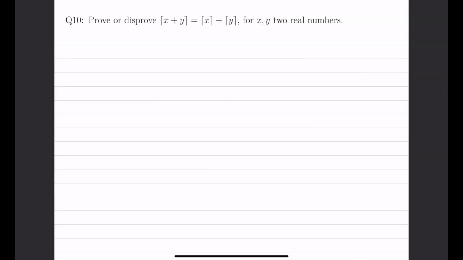Question 10 is about the ceiling function. So recall that the ceiling of x is equal to the smallest integer that is larger or equal to x. So with that said, it is very easy to come up with a counterexample to this identity here.